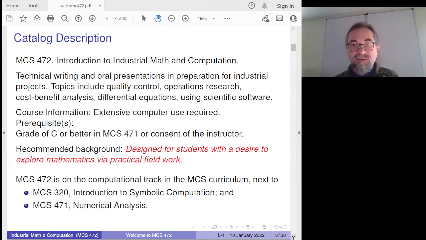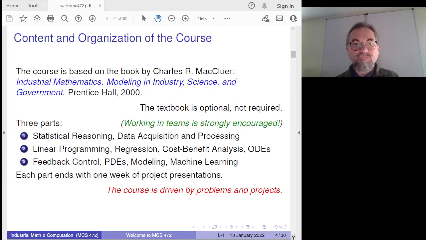In numerical analysis, we study algorithms for solving scientific problems. If that is not yet clear, or if you are taking it concurrently, no problem, we will see plenty of examples. So in this new run of the course, it is okay to take 320 and 471 concurrently, or even out of order.